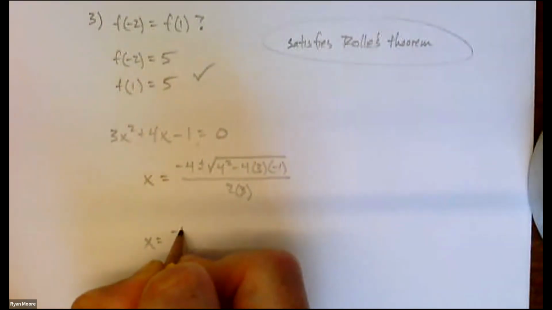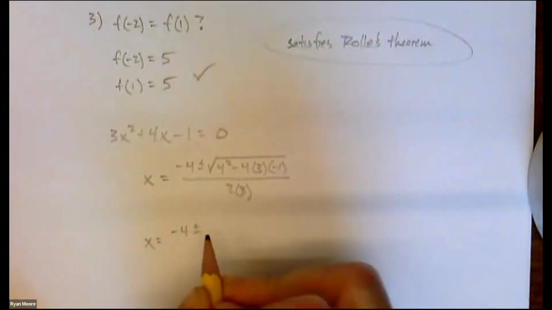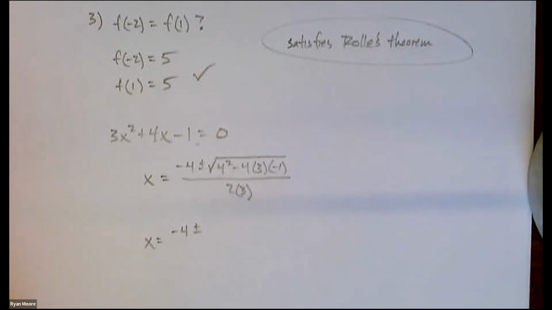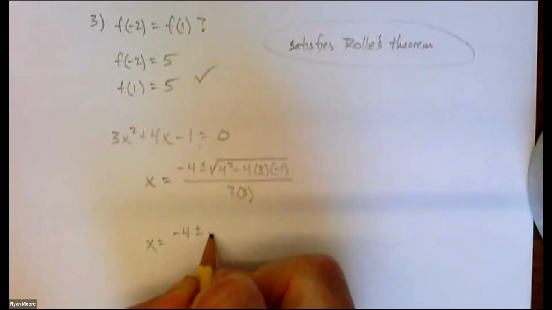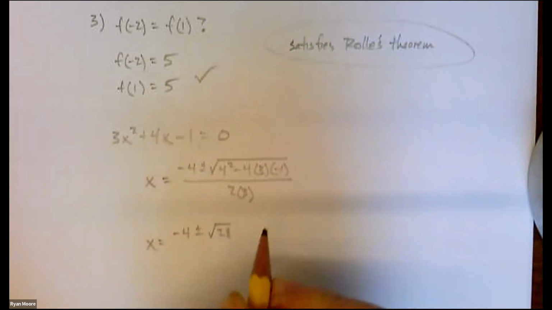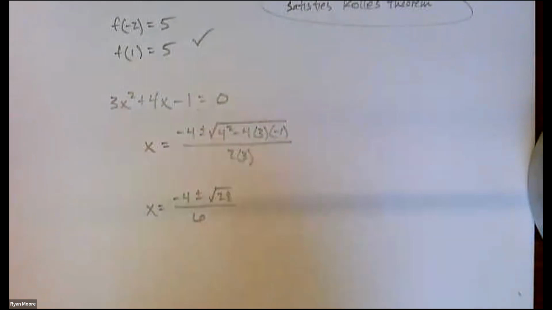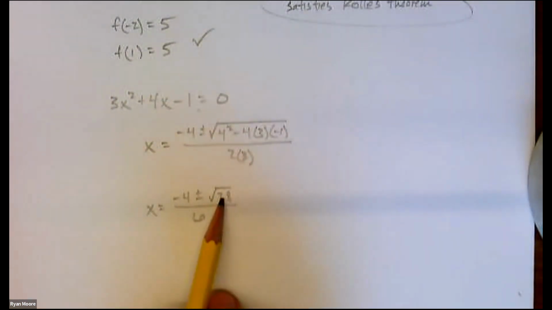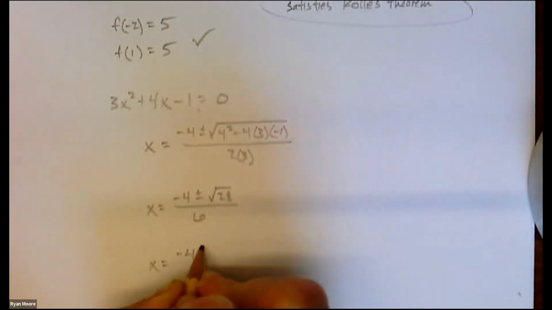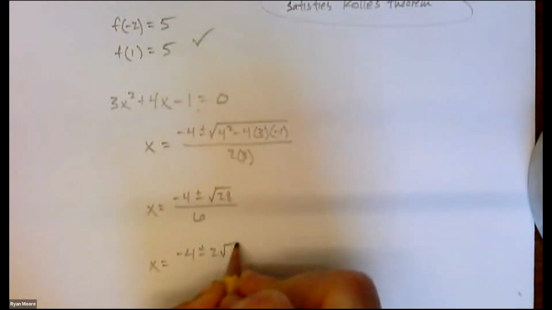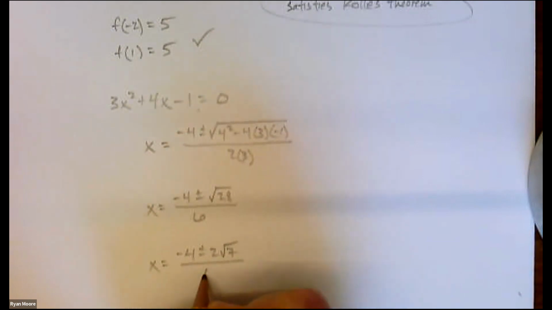See what we get, negative 4. This will give us 2 solutions. Let's see here. No, I'm getting a radical there, radical 28, so it would not have factored. Let's see, this can be simplified a little bit. I can pull out a 4. Make it plus or minus 2 square root 7 over 6.